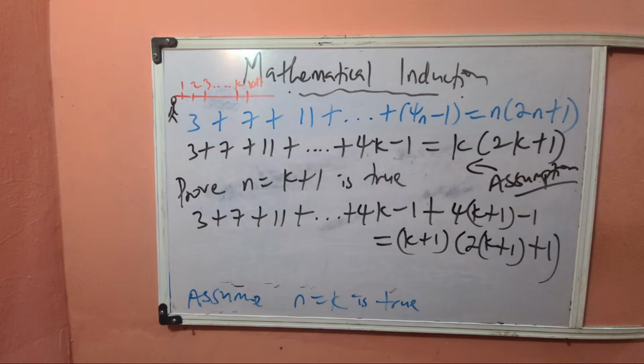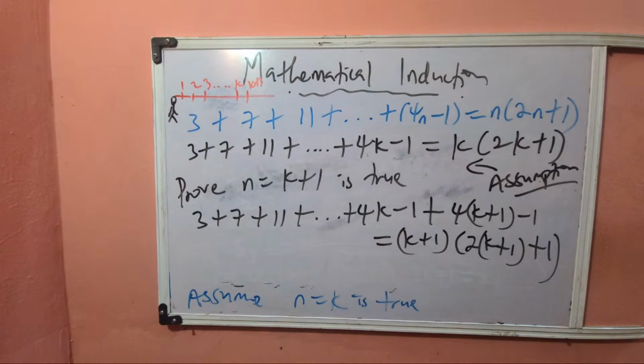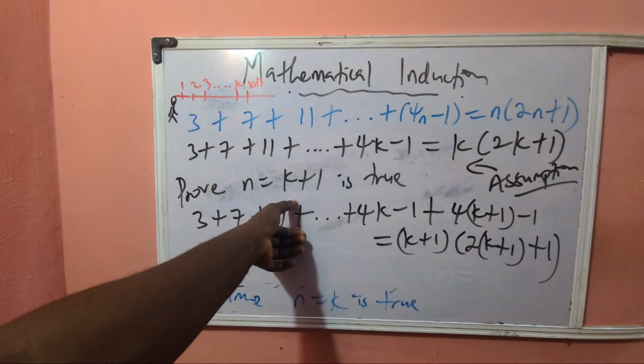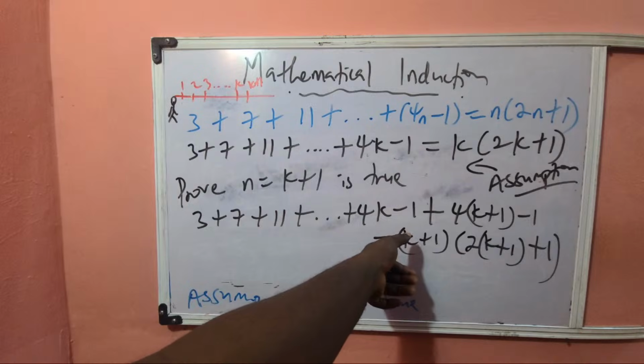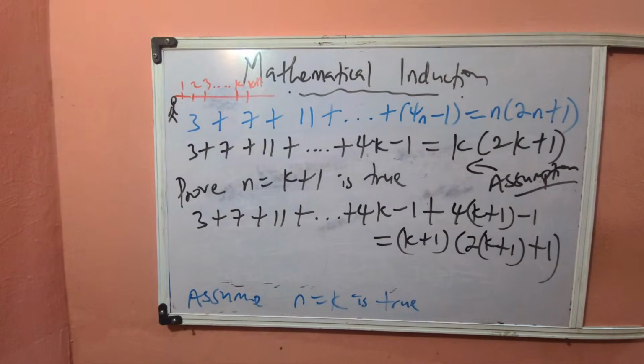Now, the next thing to do is that we want to prove that this left-hand side is equal to this right-hand side. That's what we want to prove. So what do we do? This is the concept around it.